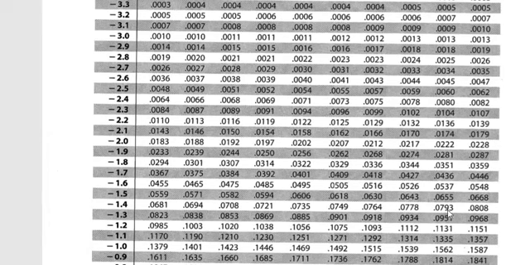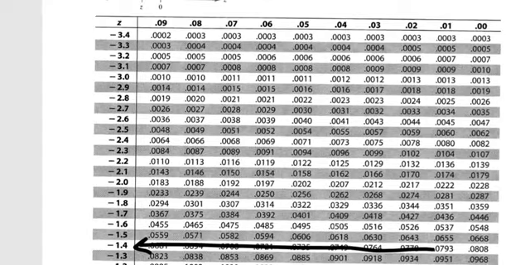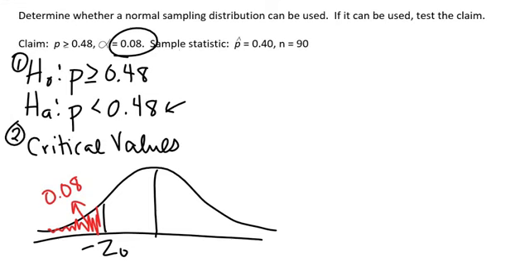Therefore, that's the one that I'm going to use. And that corresponds with negative 1.4, and I'm going to have to scroll up. Negative 1.41. So my critical value here is negative 1.41.